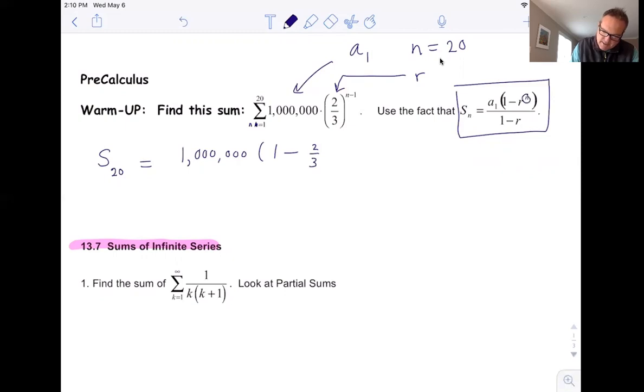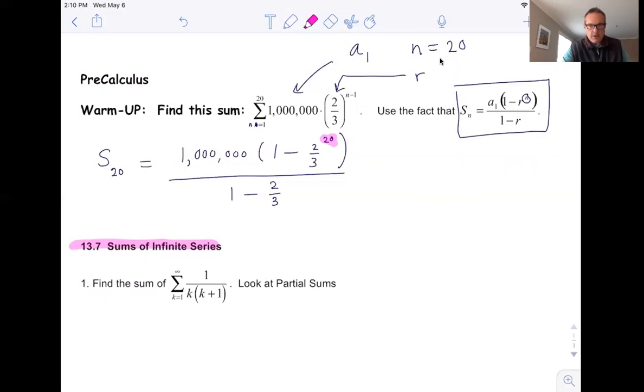N is inside the parentheses, so it's 2/3 to the 20th, and that gets all divided by 1 minus 2/3. So you got to really carefully put this in your calculator. And again, make sure that 20th power, that's not out, that's inside the parentheses.